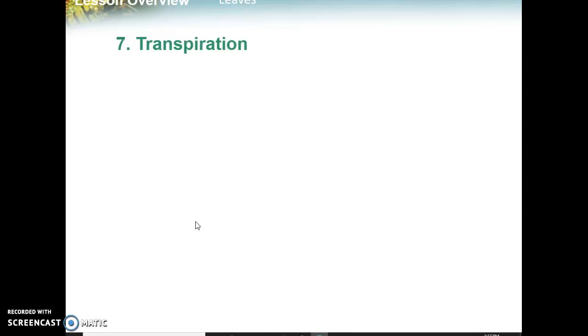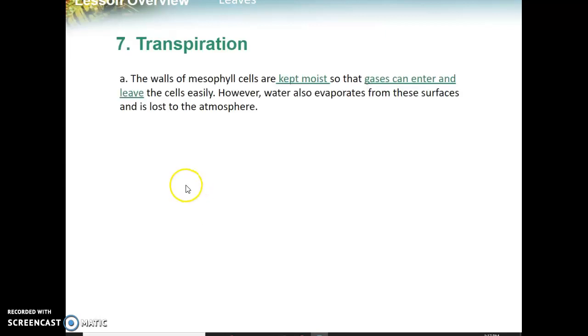So let's continue our discussion. Let's talk about transpiration today. So we're going to talk about these mesophyll cells, especially the spongy mesophyll. Their walls are kept moist so that gases can enter and leave the cells easily.